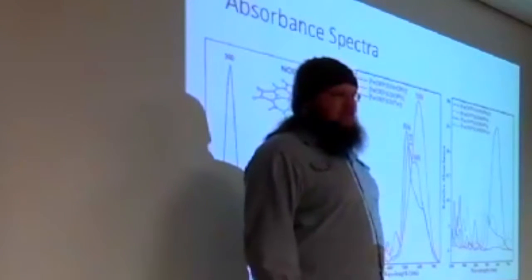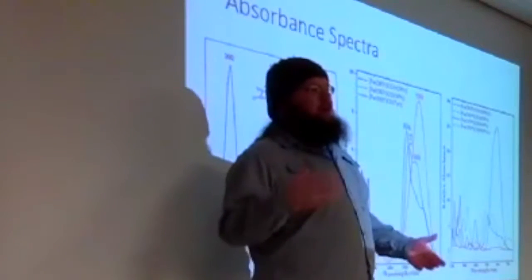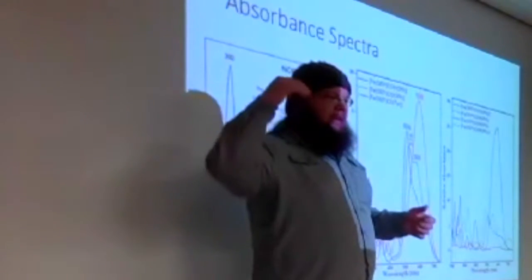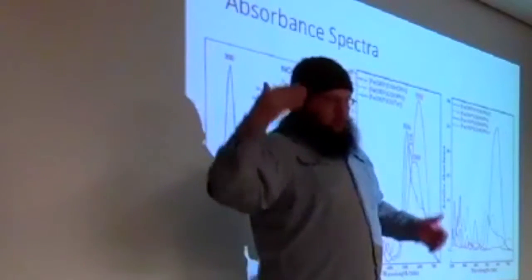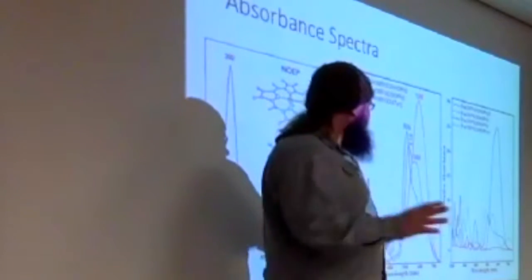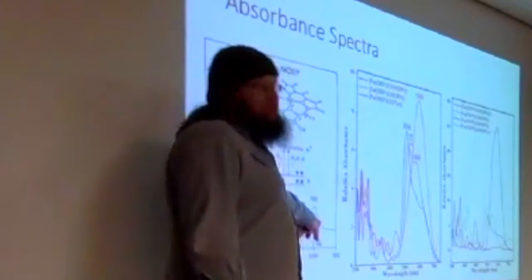But there isn't a whole lot out there drawing parallels between, necessarily, why one Q band is where it's at. Mm-hmm. Experimentally, they basically just say it is here at 552.